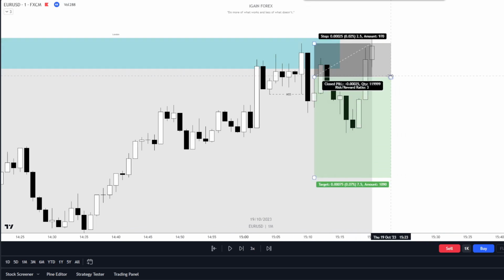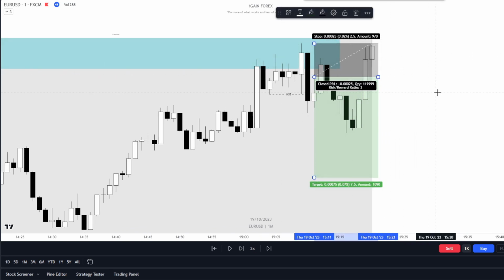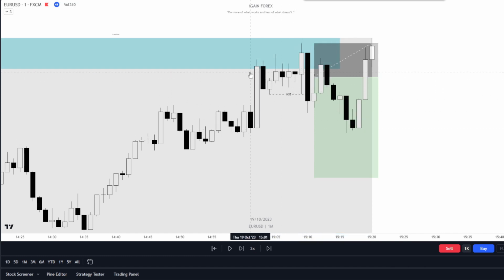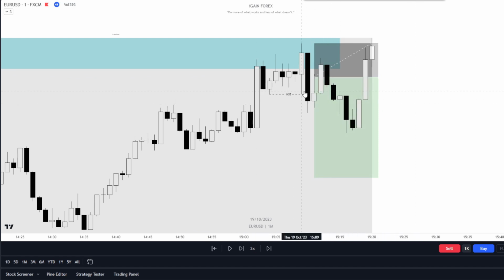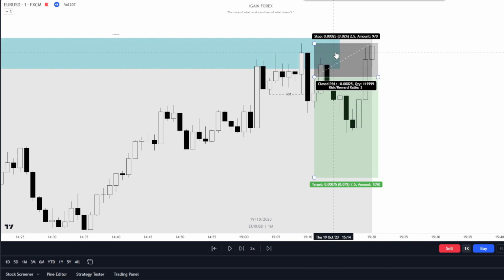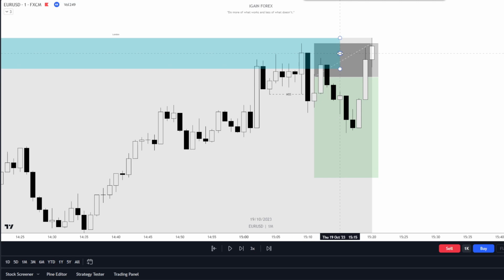So we get stopped out in this area. The reason that we have a stop out is this: we don't have any displacement, but sometimes even though we don't have any displacement, this will work. As I said before, even though we have a good setup, the market will always move on its own. We cannot argue with that.